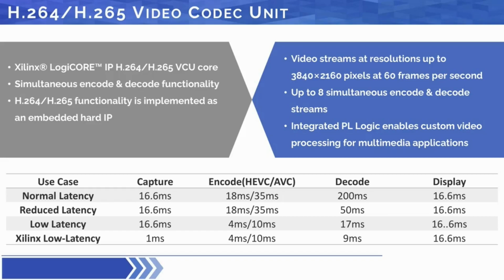The VCU supports 4 latency modes: the normal latency, reduced latency, low latency, and the Xilinx low latency. These low latencies can be attributed to the simultaneous transcoding capability of the integrated VCU.